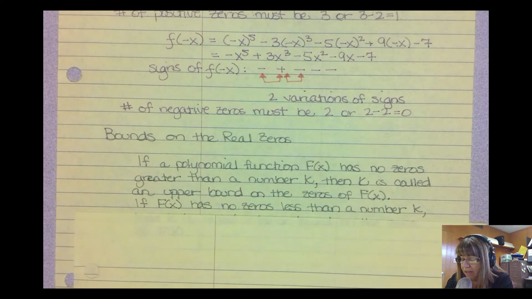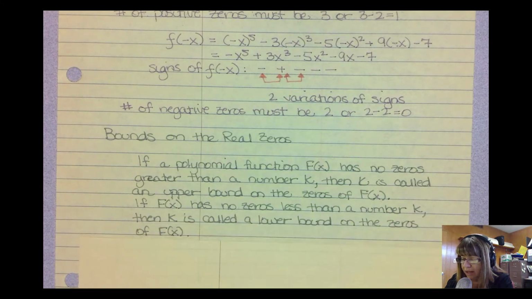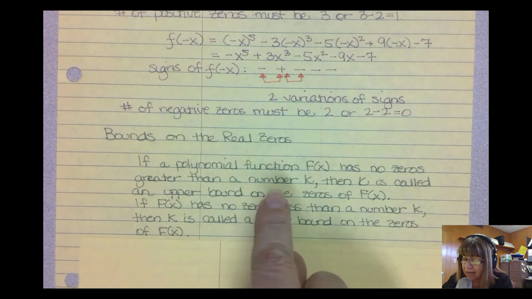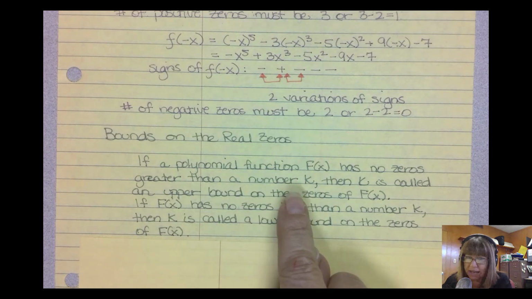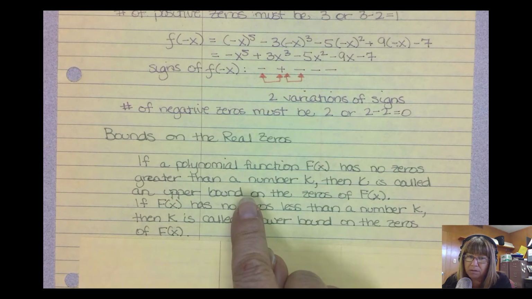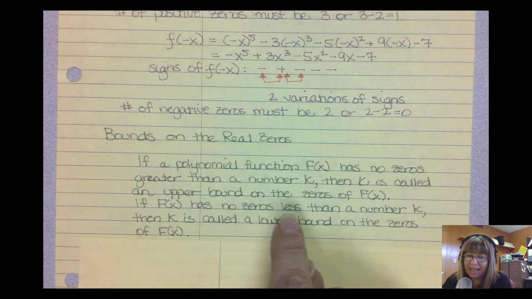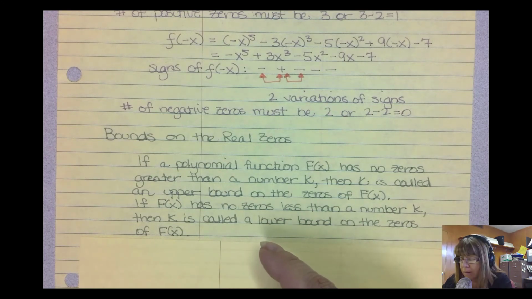So we have this rule we get to play around with. If a polynomial has no zeros greater than some number, we're just going to call it k, then k is what's called an upper bound. And if our function has no zeros less than a particular number, again we'll call it k, then k is called a lower bound. We're going to be able to find this upper bound and lower bound.